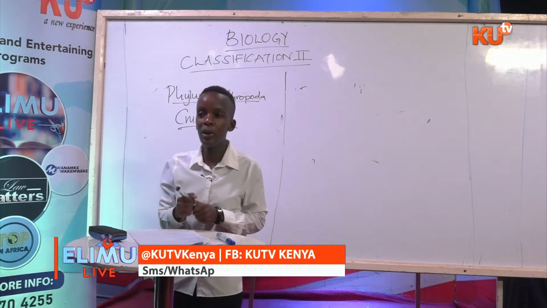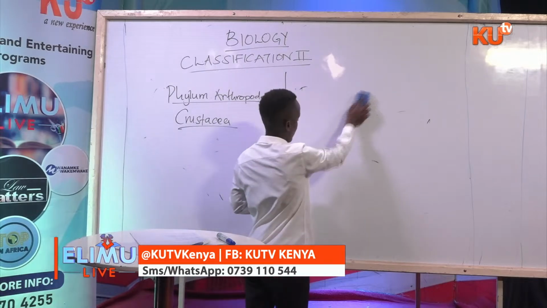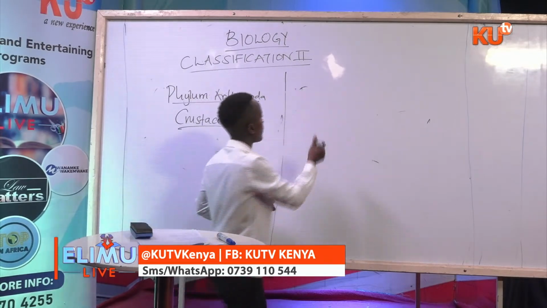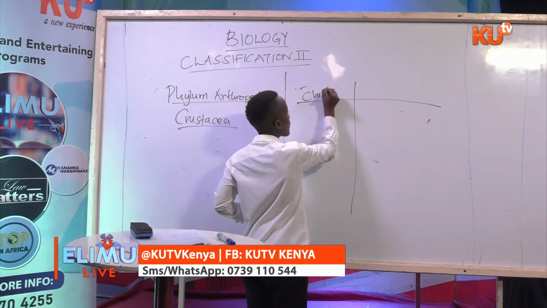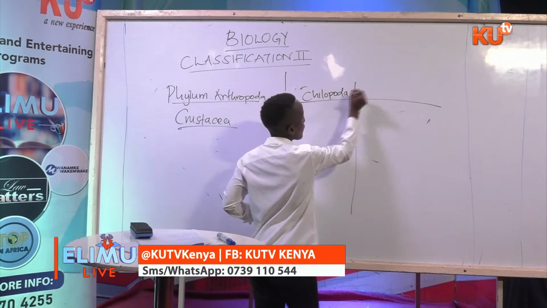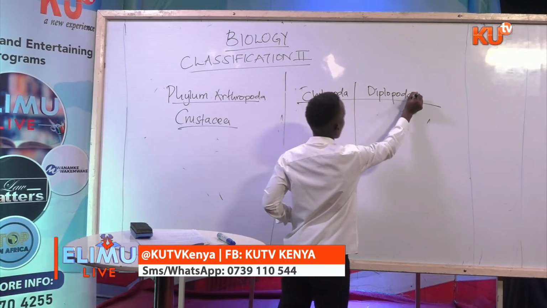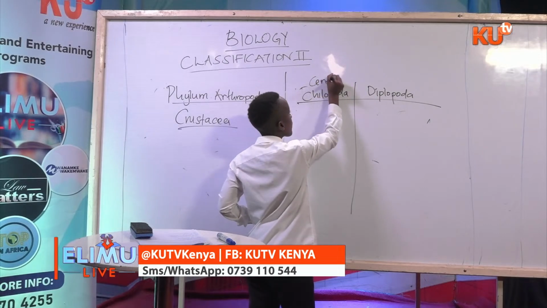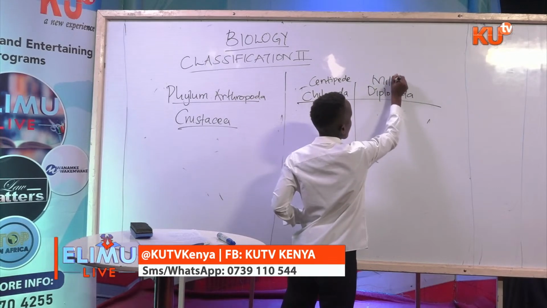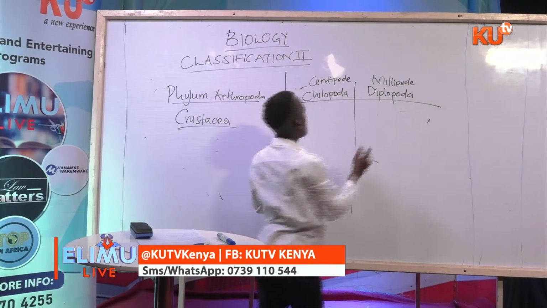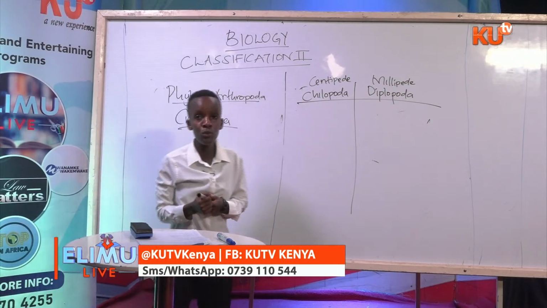For class Chilopoda, which is the centipede, we say that they have 2 body parts.